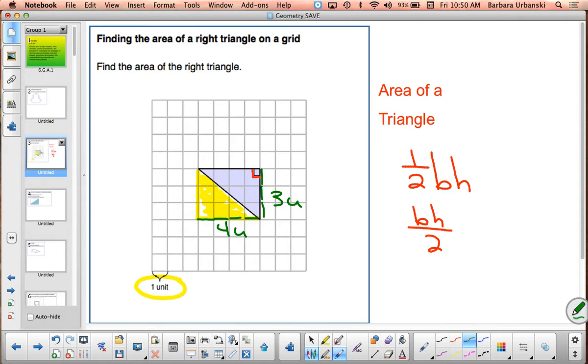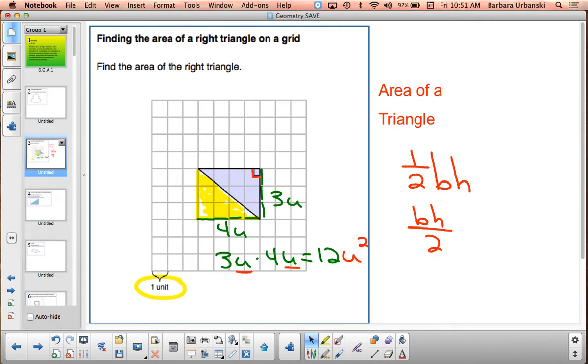Finding the area of our rectangle, we would take the length and the width, 3 times 4, so we would have 3 units times 4 units, and of course the 3 times 4 will give us a product of 12, and then if we are multiplying units times units, we have units multiplied by itself twice.